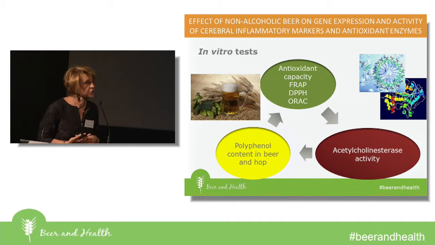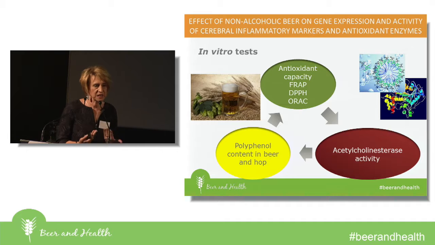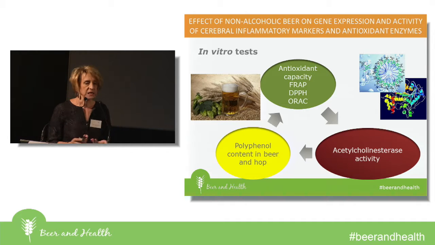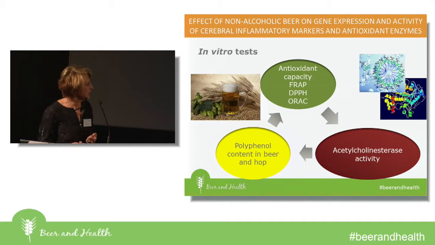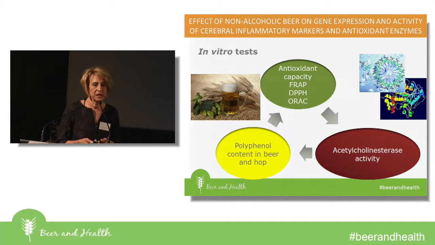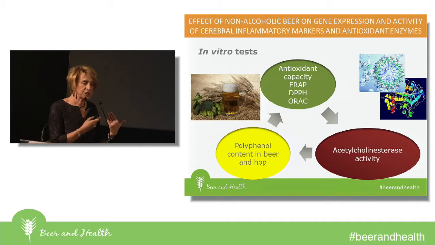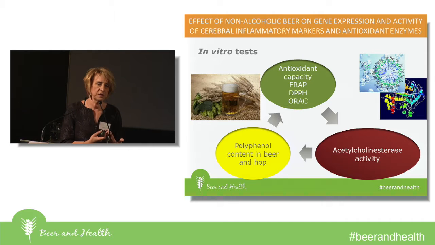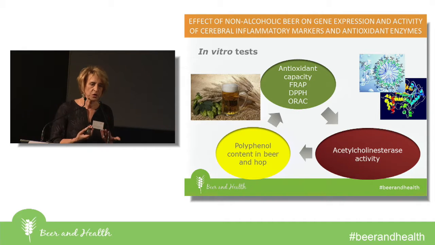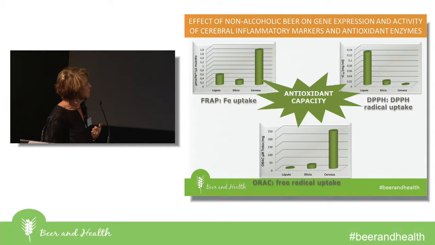Before the in vivo trials, we had some in vitro tests to determine beforehand if the compounds that were going to be administered to animals could be effective. We determined the antioxidant capacity of beer, silicone, and hops, and the acetylcholinesterase activity. These trials would afterwards enable us to evaluate the results and compare them to the previous results obtained.